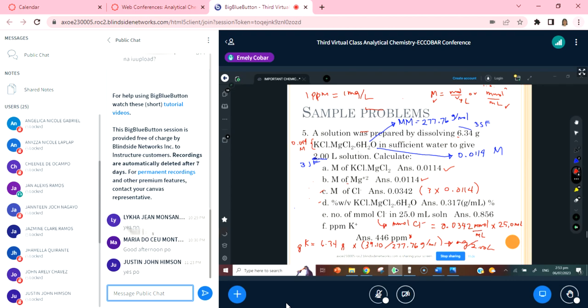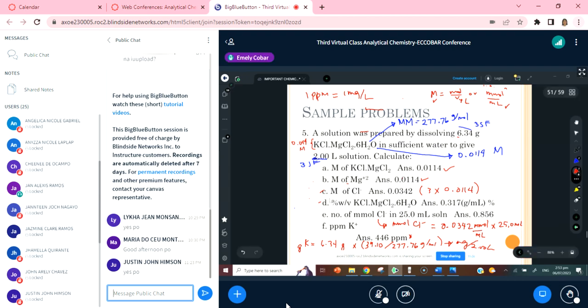Okay, so 0.0114 times 3, I'll get 0.0342. This is the concentration of this solution in terms of chloride, molarity of chloride. Okay? Naiintindihan pa ba? Ha? Naiintindihan pa?